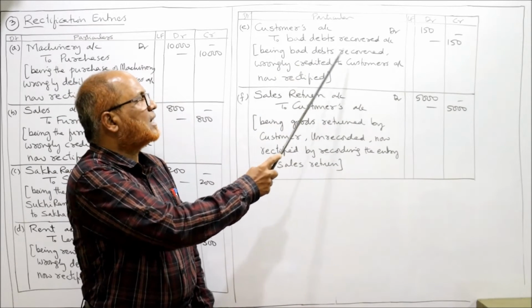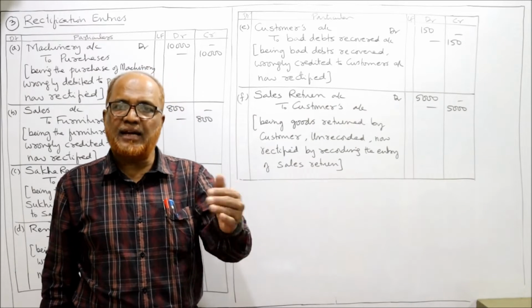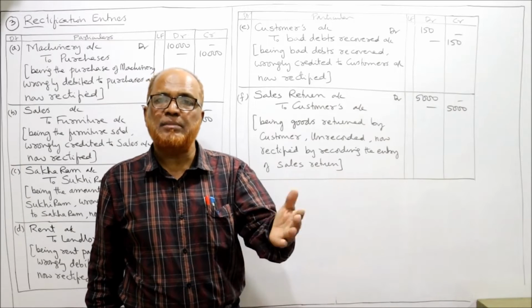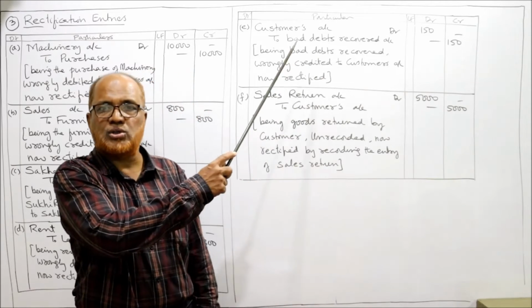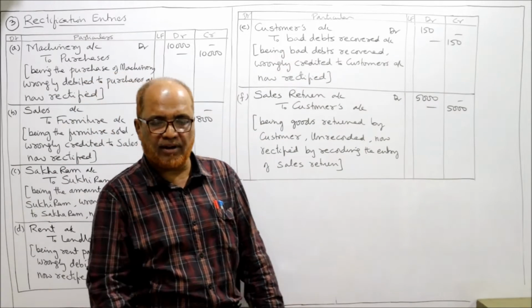Being the bad debts recovered wrongly credited to customer's account. When bad debts are recovered, bad debts recovered account should be credited. But by mistake, customer's account was credited. Now we debit customer's account and credit bad debts recovered account.